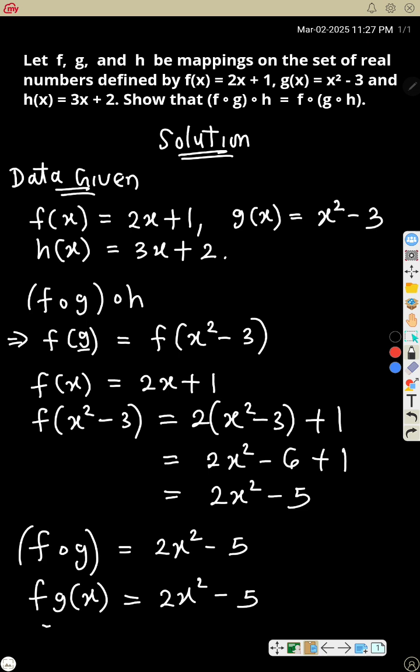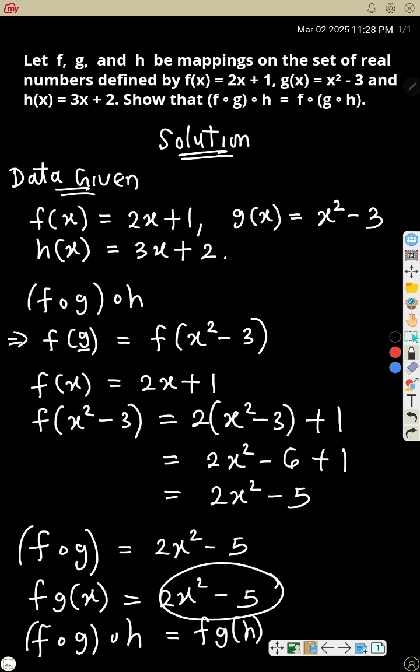Now, if you have f of g of h, it means h will now enter f of g, meaning it will be like f of g of h, as in like this. So that is how this representation looks.